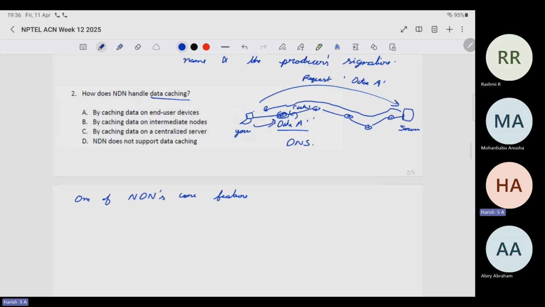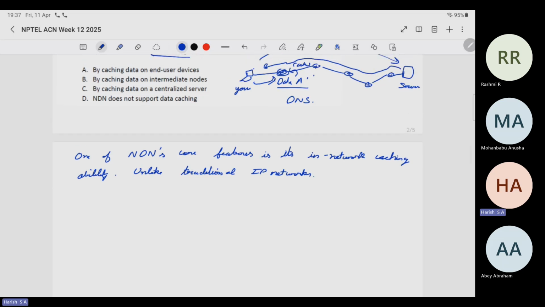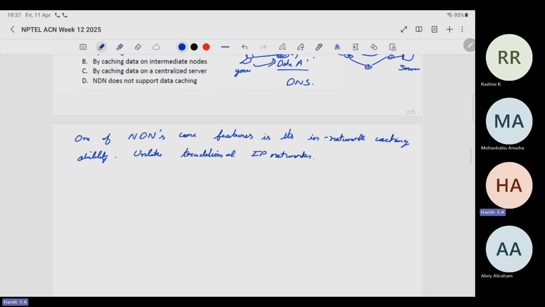One of NDN's core features is its in-network caching ability. Unlike traditional IP networks, which is basically what I said here, the current paradigm, whatever we're using in the world right now, is IP networks.